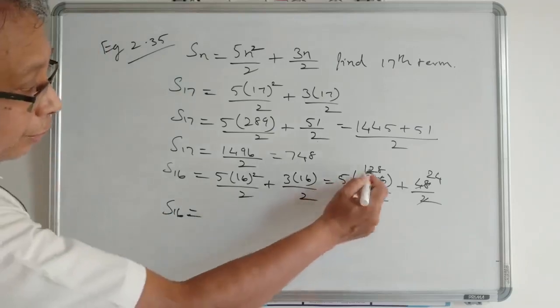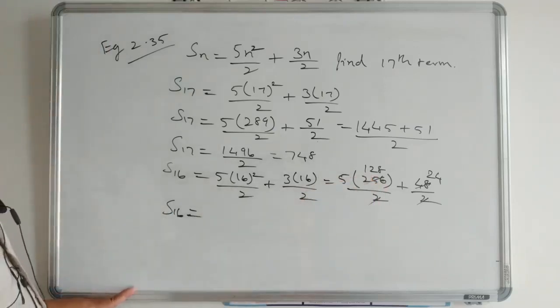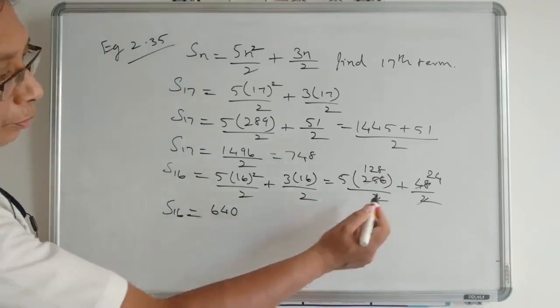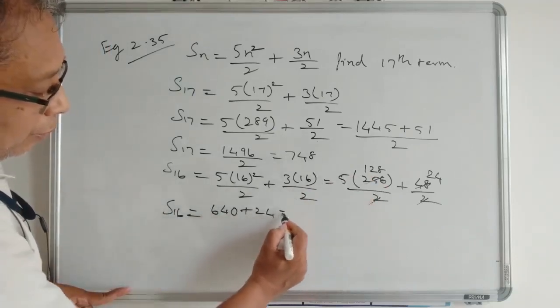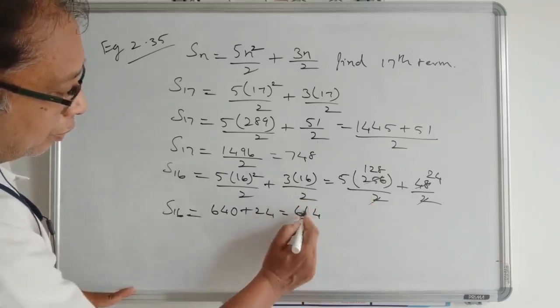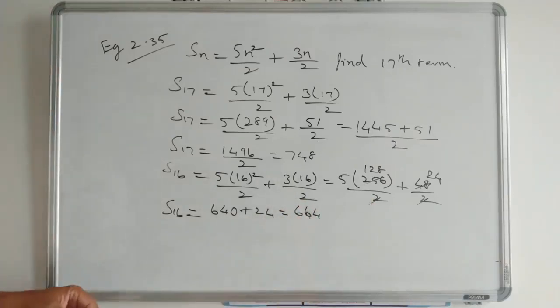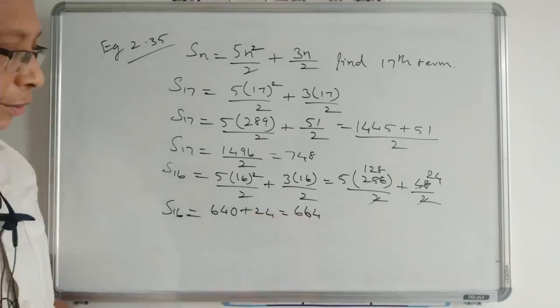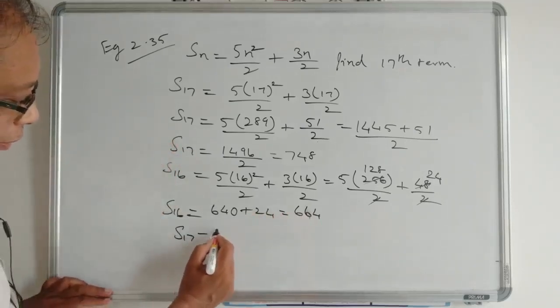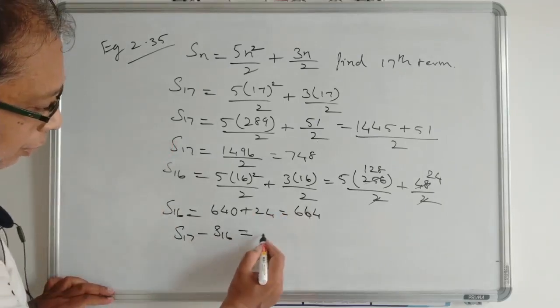Therefore S16 equals 5 into 128, which is 640, plus 24, which is 664. So S16 value is 664.